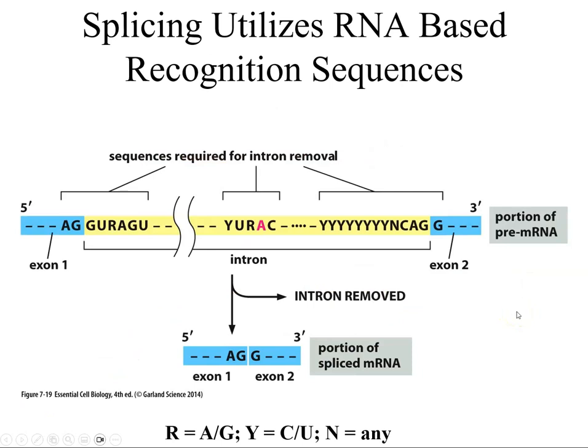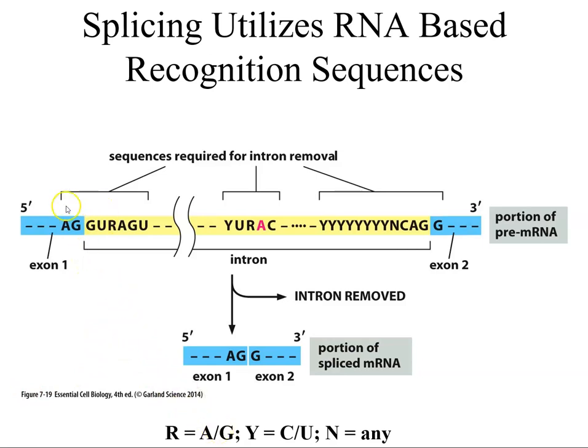Just like on DNA, there are also sequences that are built into RNA that help the cells and different proteins to recognize where things should be spliced. So these things that recognize these splice sites are typically small nuclear ribonuclear proteins. So they are part RNA and then also part protein. So there's a combination. So those are called snRNPs.